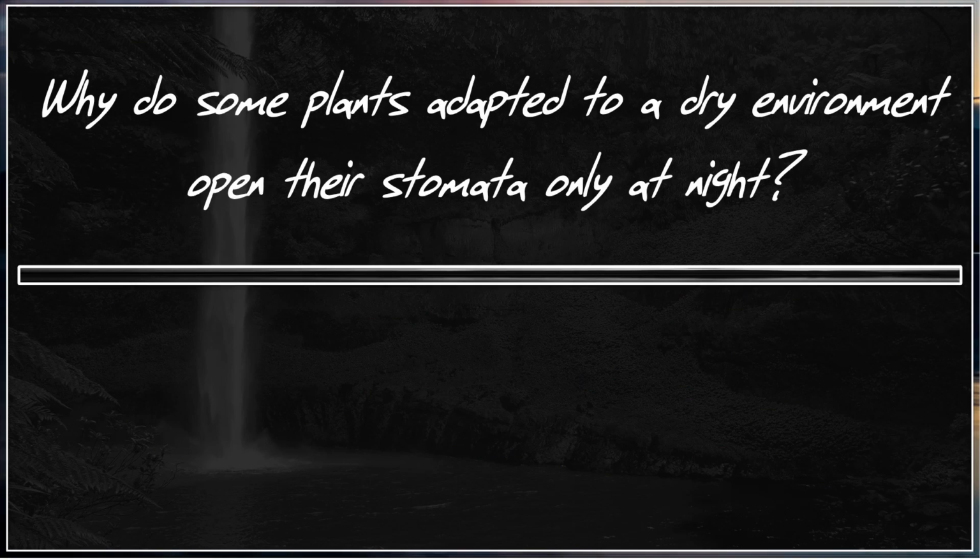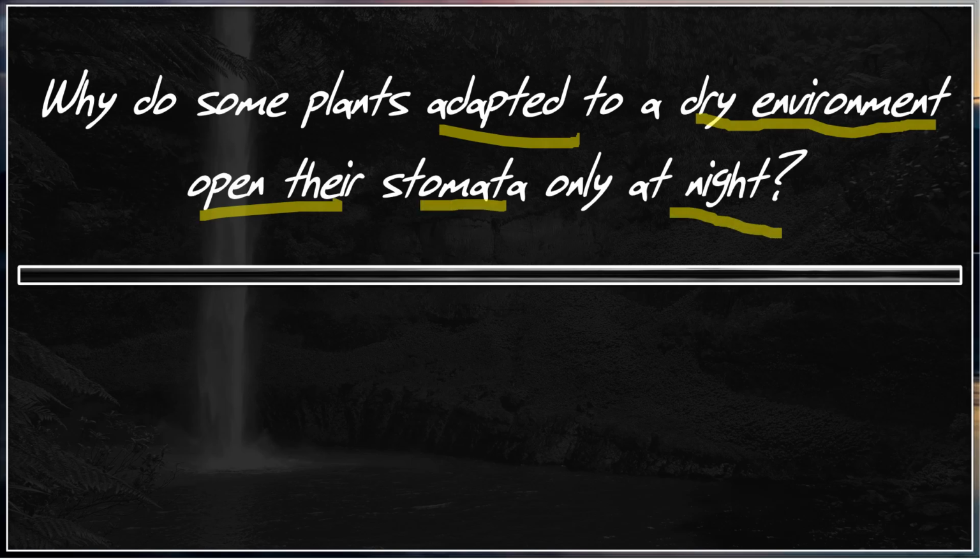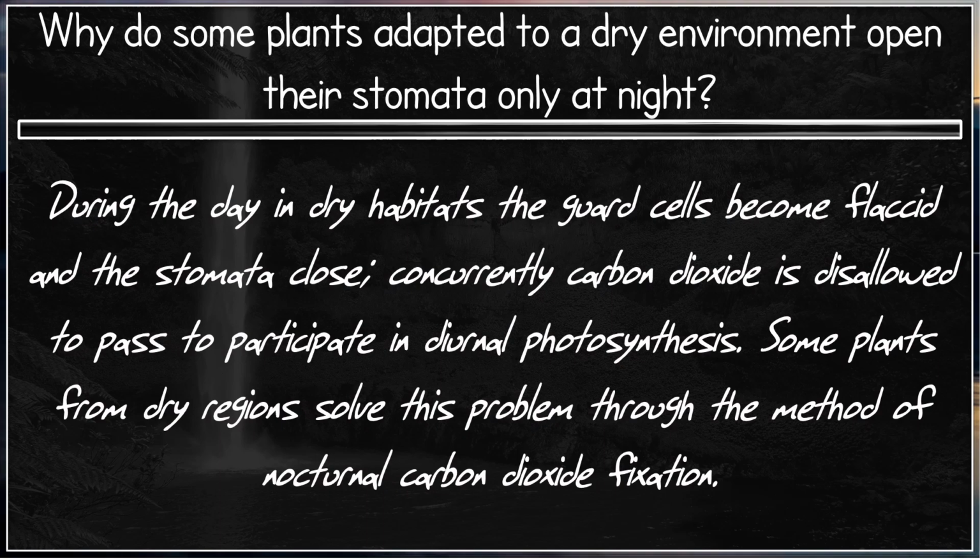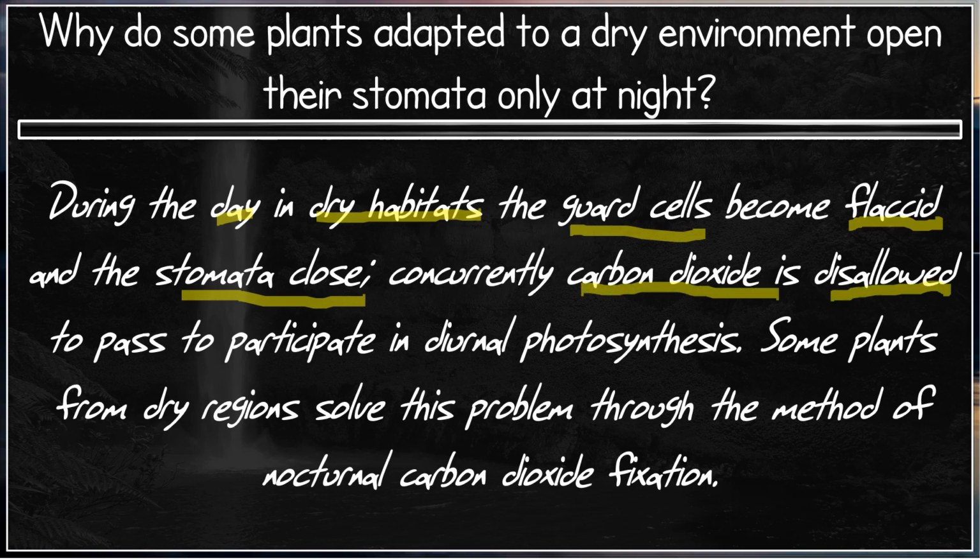Why do some plants adapted to drier environments open their stomata only at night? During the day, in a dry habitat, the guard cells become flaccid and the stomata close. Concurrently, carbon dioxide is not allowed to participate in diurnal photosynthesis.